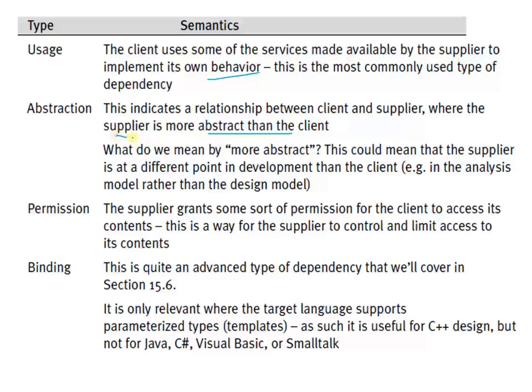Meaning, the supplier will have the complete details but the client will have an abstraction of the supplier. The next one is permission. The supplier grants a certain set of permissions or access privileges to the client. Such a dependency is called permission. As I've already said, binding is not our focus. We can leave this for later.